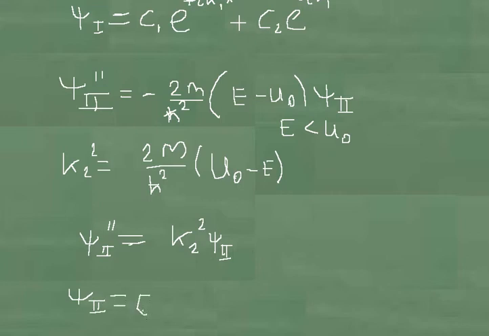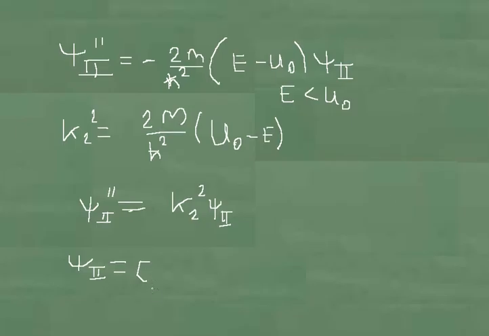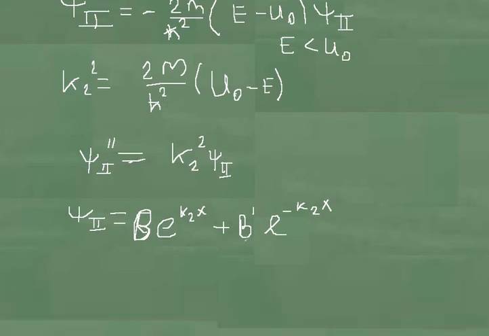Let's mark the constants as B and B strich. It's much more interesting for me: B exponent k2x plus B strich exponent minus k2x. It seems to me everything is clear.